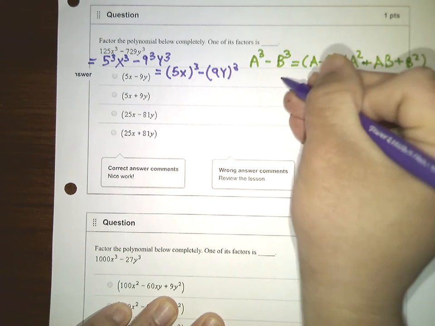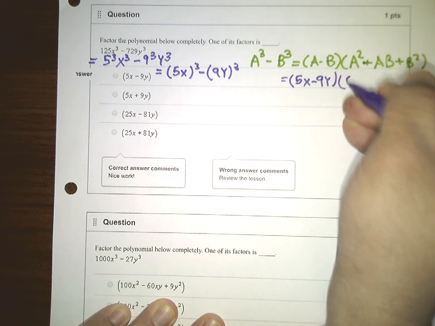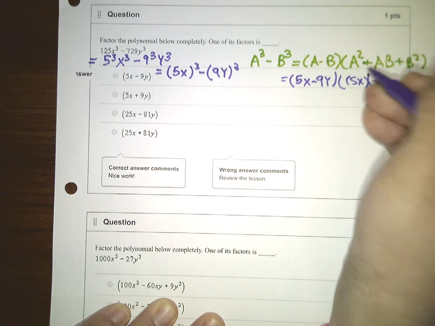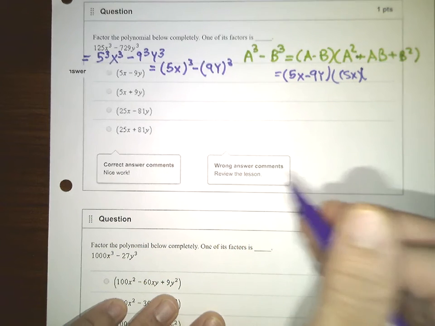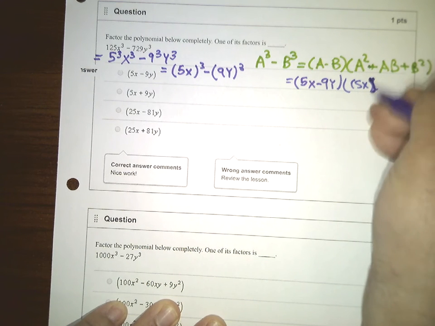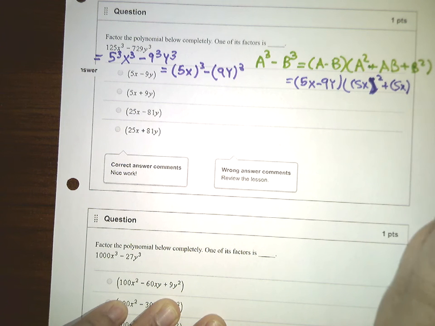We have 5x minus 9y times 5x squared. So 5x times 5x, but, well, you know what? Just write it as 5x squared. It doesn't matter. All right, plus 5x times the 9y plus 9y squared.